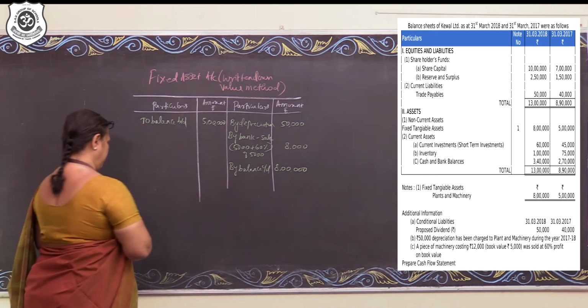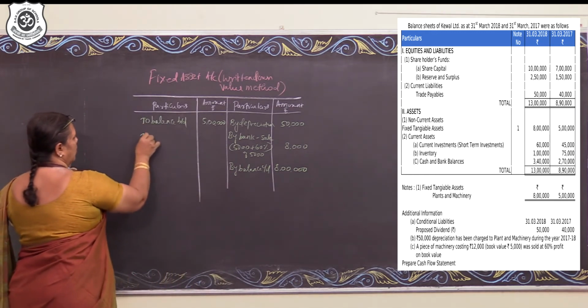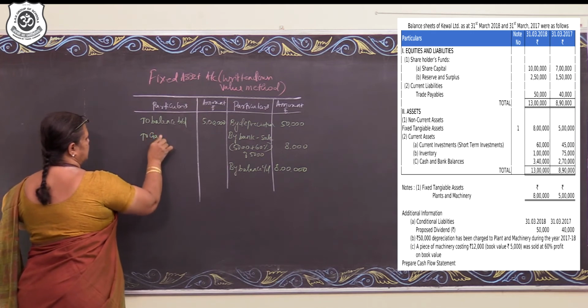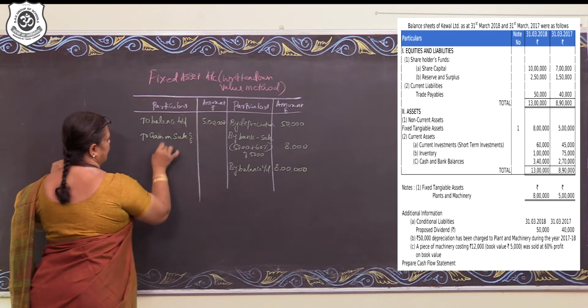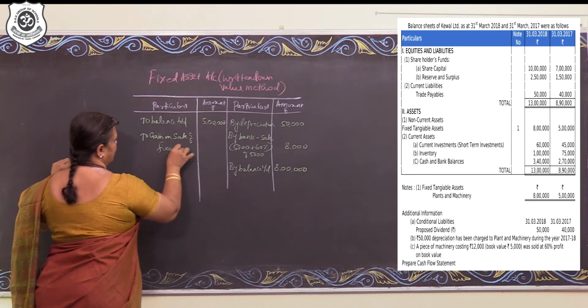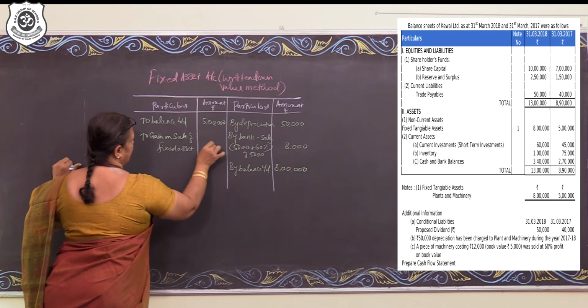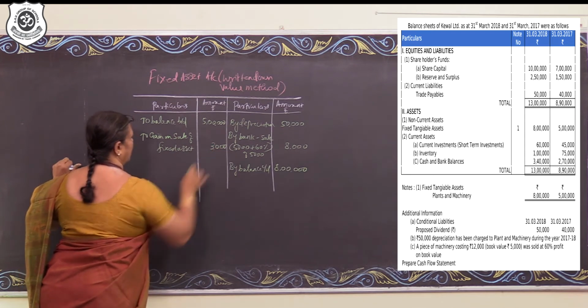Then, you have to gain on sale of fixed asset, ₹3,000.